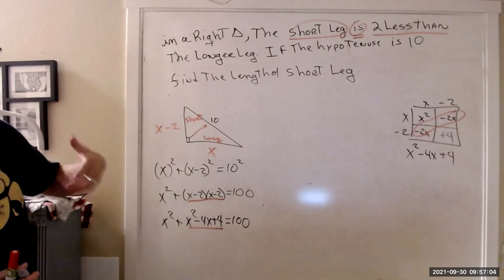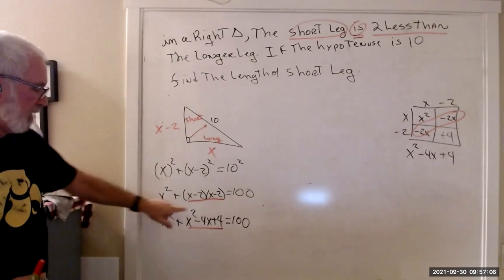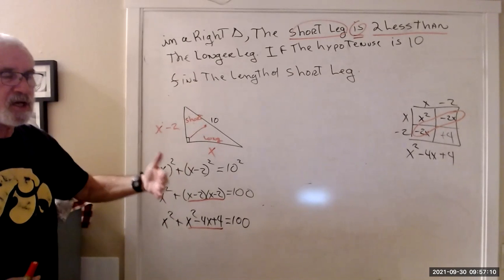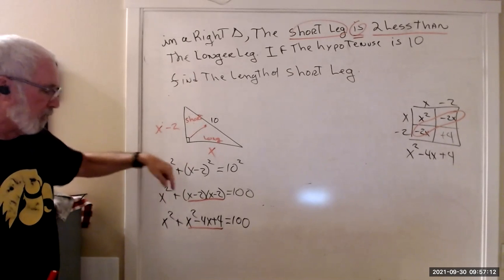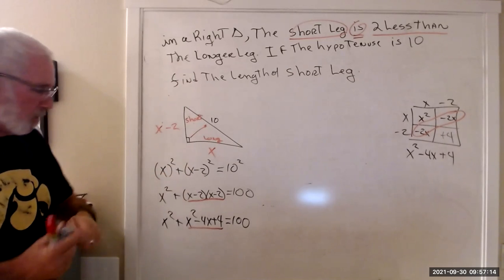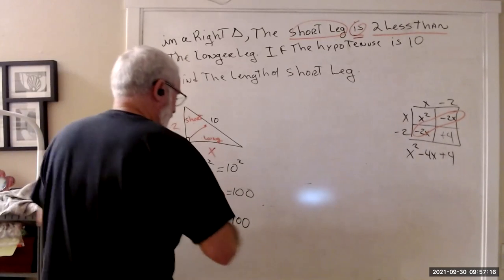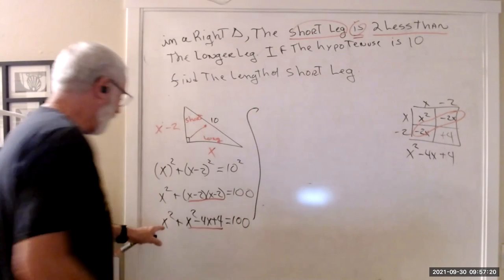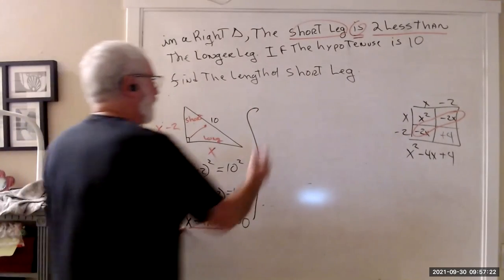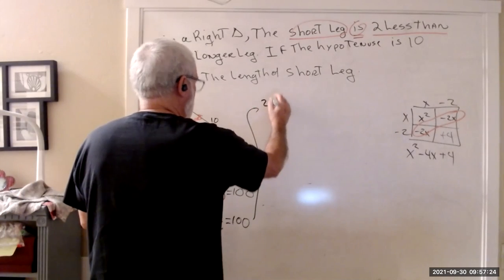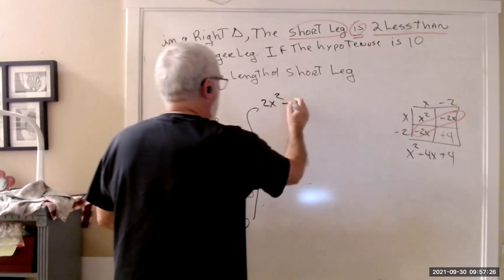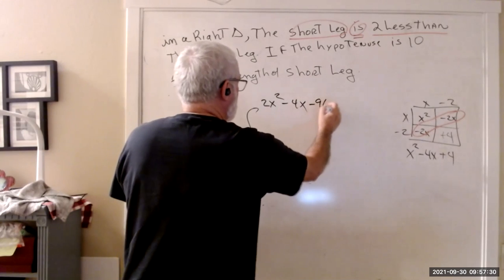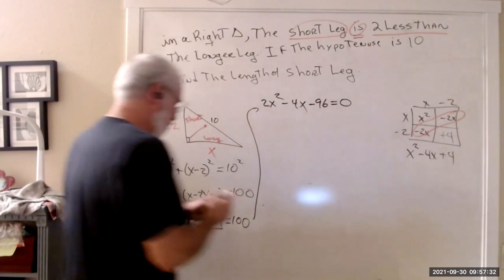now it becomes just a power equation, just like we were doing a couple seconds ago. It must equal 0, and the powers have to be in order. So I'm going to skip a quickie step, but I'll explain where it came from. If I have x squared and x squared, I have 2x squared minus 4x minus 96 equals 0.